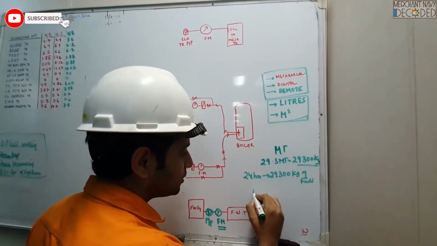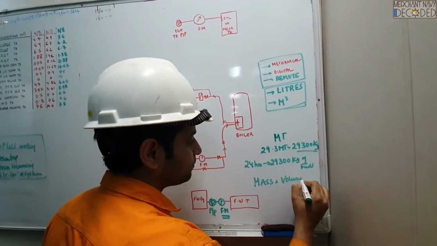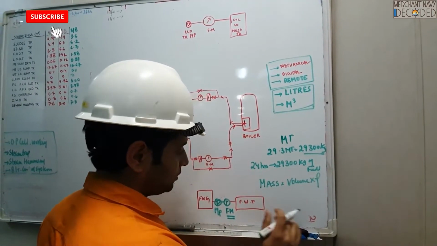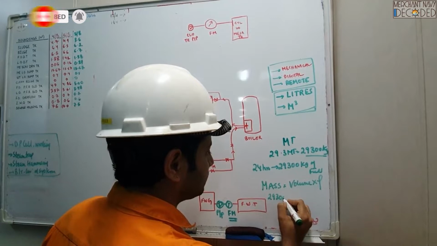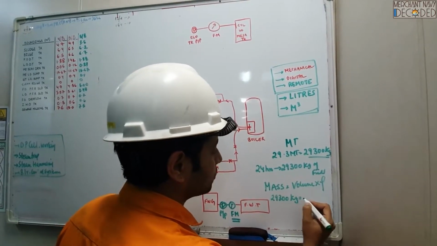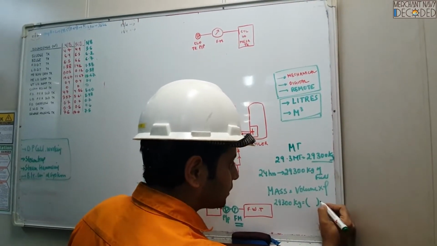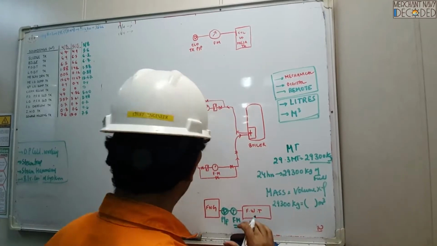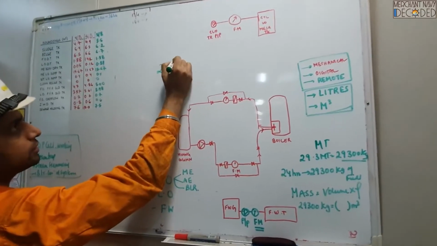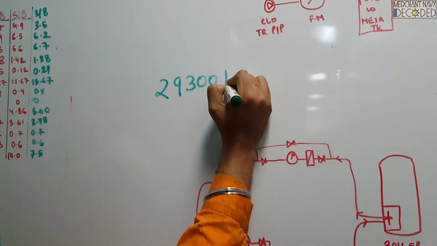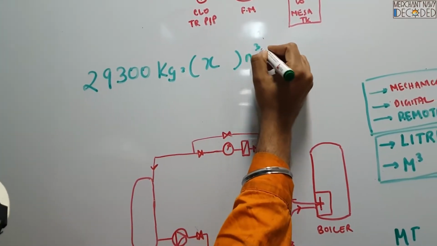Now we know mass is equal to volume into density. So mass, 29,300 kg, is equal to volume, say x meter cube, into density.